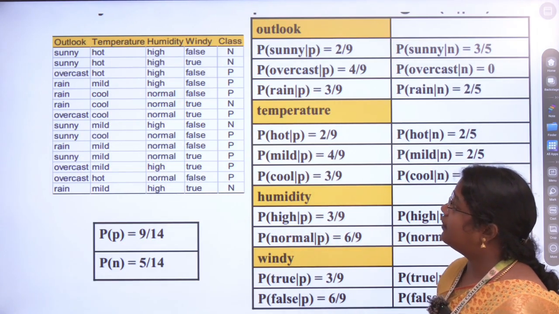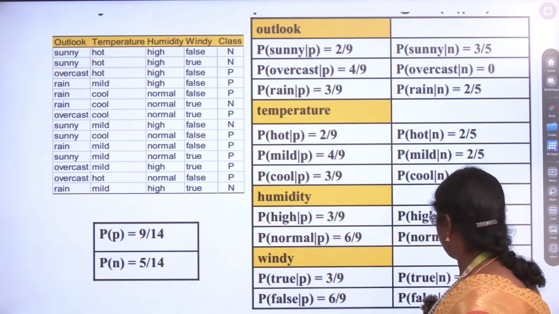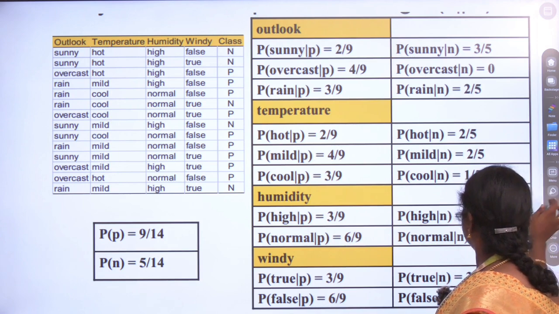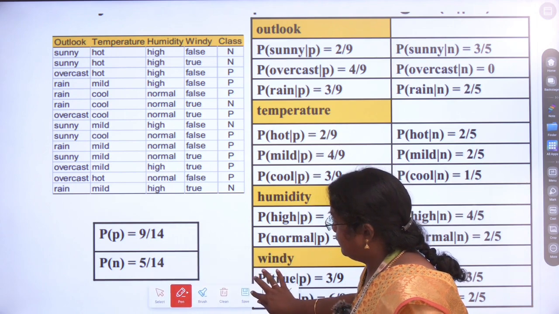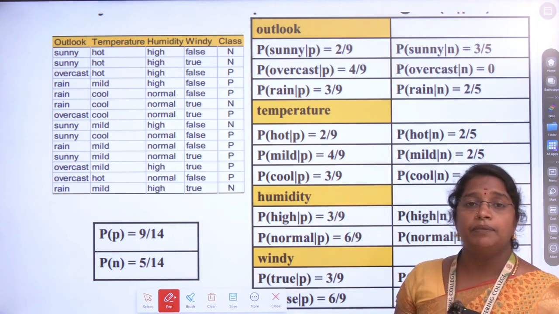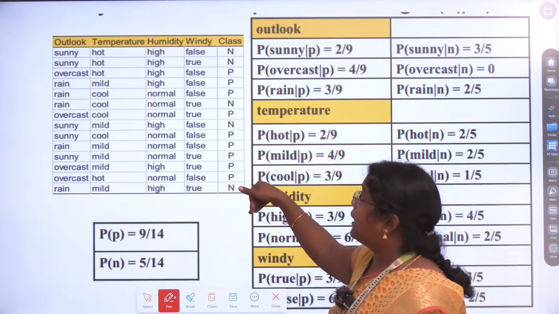So you can see here, this is our input data set. The first step is to calculate the frequency table. In the frequency table, we have to count the number of instances for each attribute value.